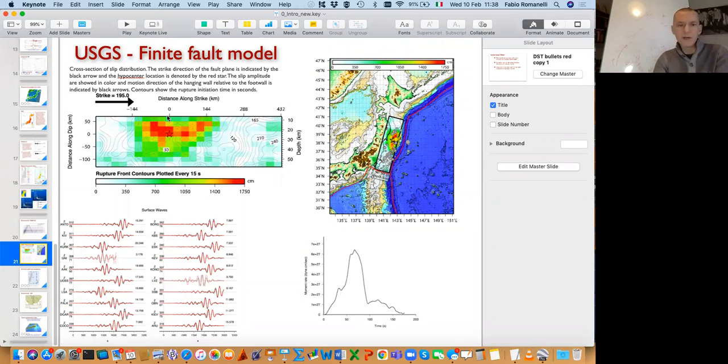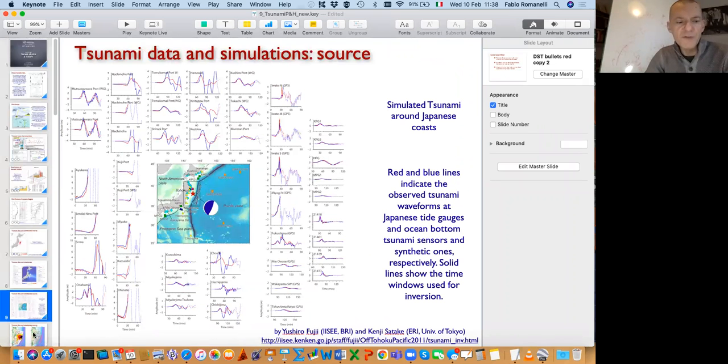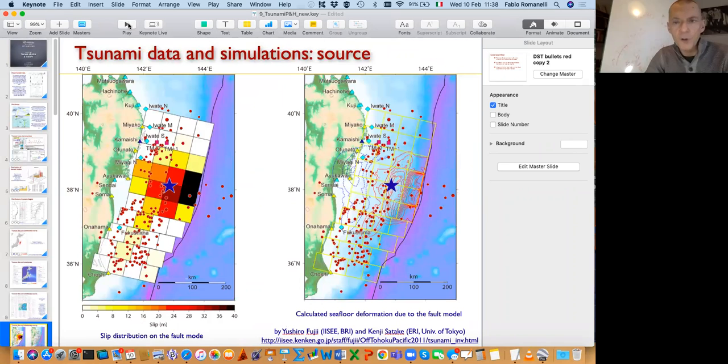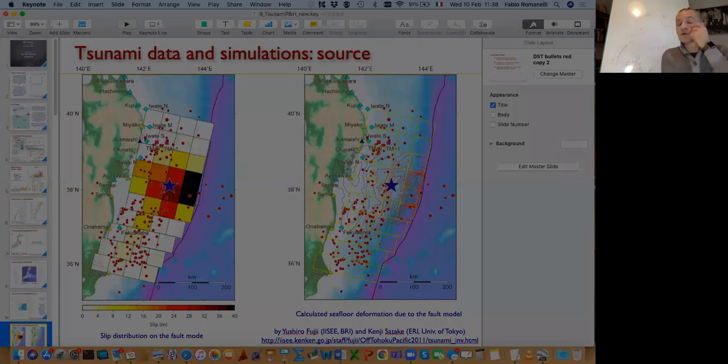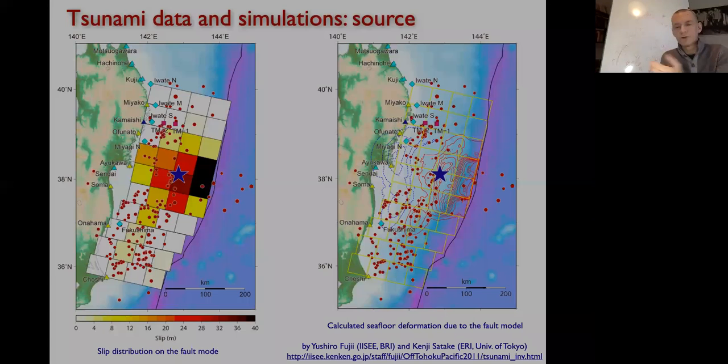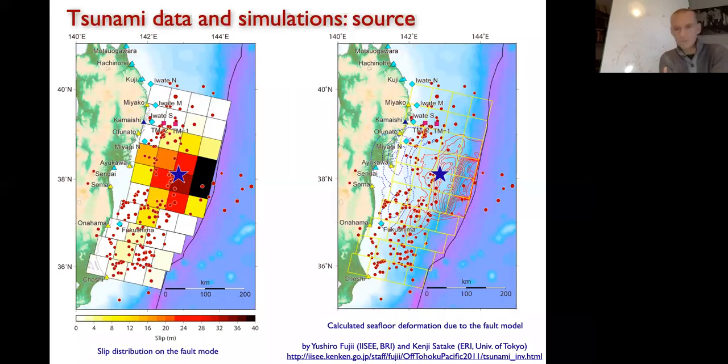Let's say these pixels are made by 10 kilometers. Now, if you use other waveforms that are much longer, like the tsunami ones, the image that you can get is the following. And this was the message that I'm trying to give to you.